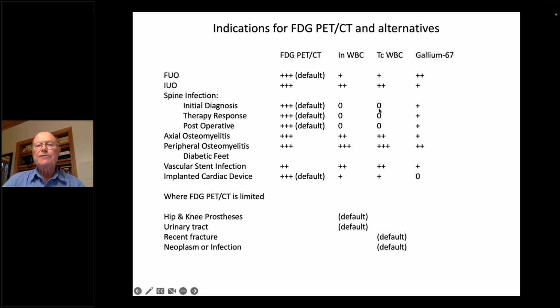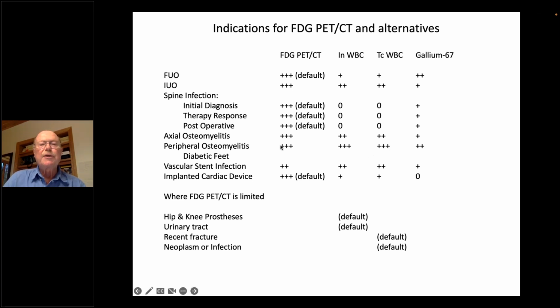For spine infection, white cells cannot be recommended, and gallium is limited. Axial osteomyelitis, because of the high resolution of PET at depth, is the preferred modality, but other conditions provide reasonable alternatives.